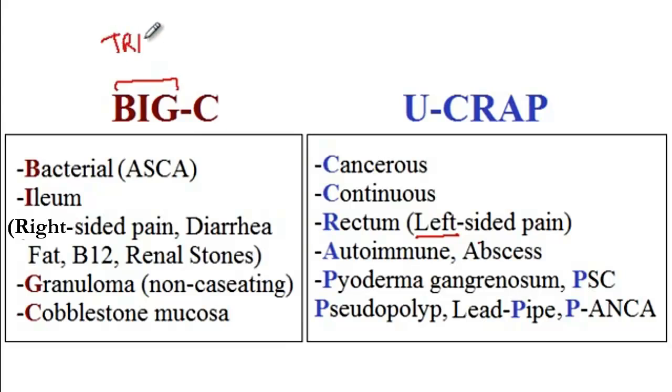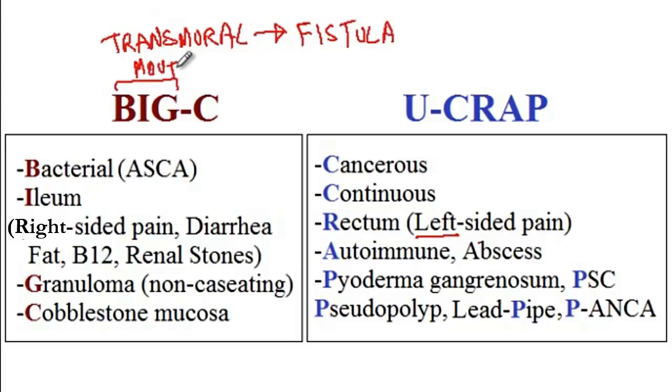And then for Crohn disease, where C stands for Crohn disease, again we have Big, which shows that there is transmural inflammation, as a consequence of which there is increased risk of fistula formation. It can affect anywhere from mouth to anus, more commonly affects the ileum, and it usually spares the rectum. Now, B stands for bacterial, so it's thought to be bacterial causes that are leading to Crohn disease.